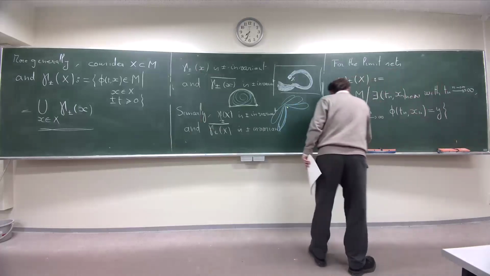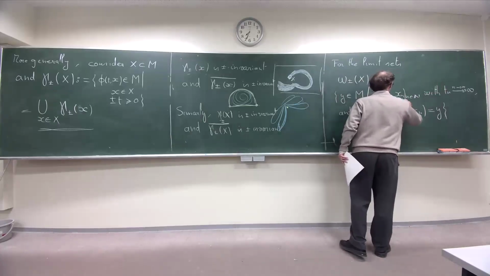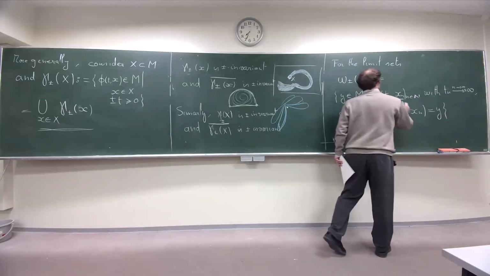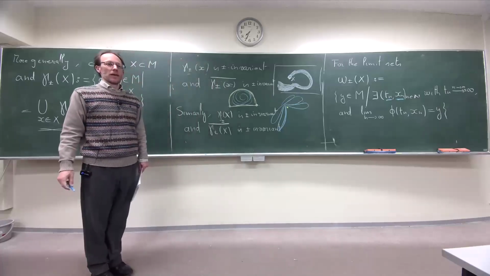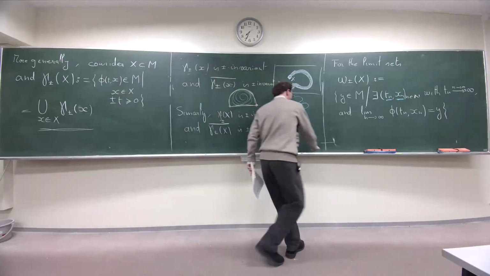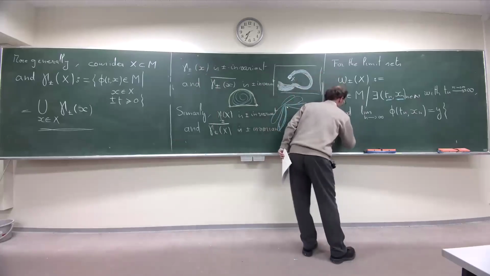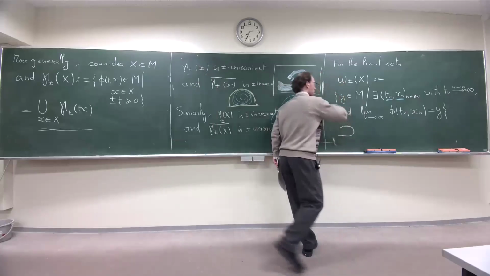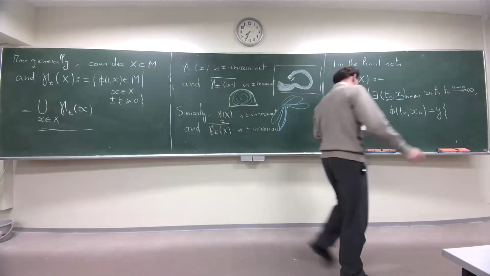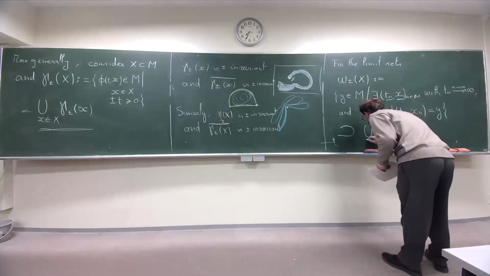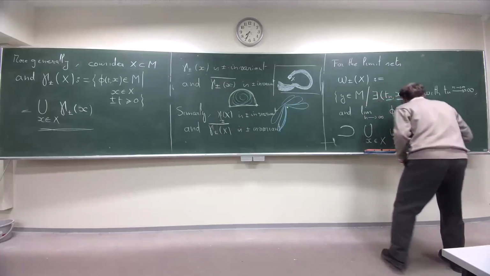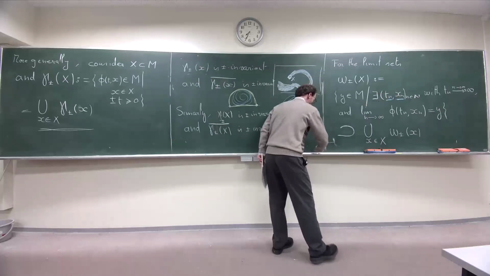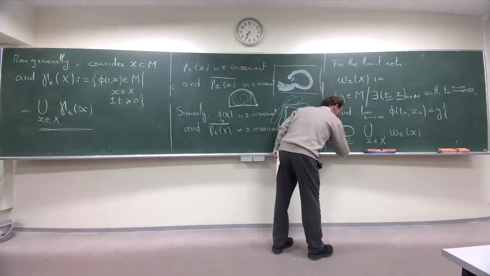So please pay very careful attention to the fact that I allow both Tn and xn to vary. And now I'm claiming that this set contains the union over all x belonging to capital X of omega plus minus of x. But in general, you don't have an equality.